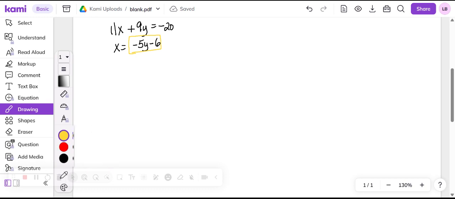So I'm going to substitute x with negative 5y minus 6 and continue the first equation. Anywhere that I see an x in this equation, I'm going to replace it with negative 5y minus 6.